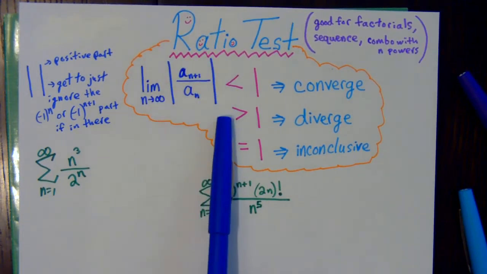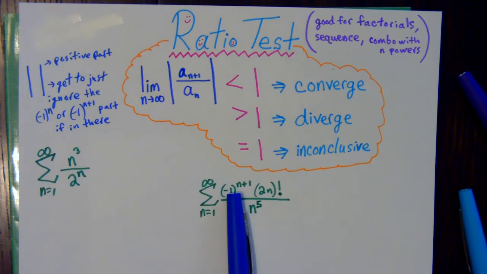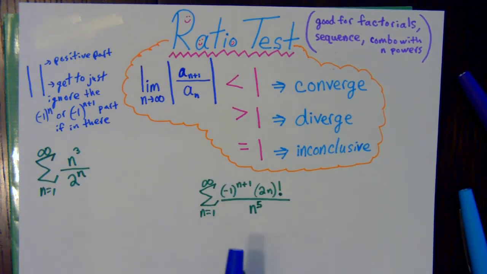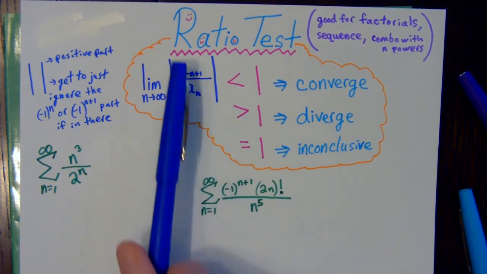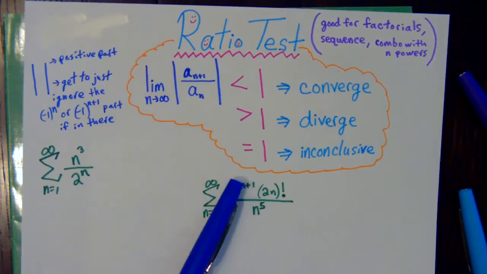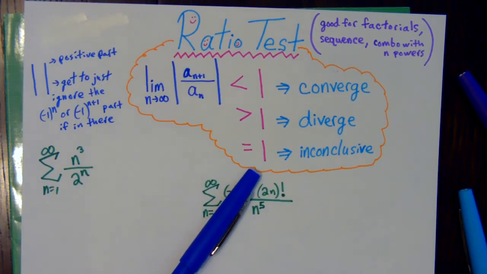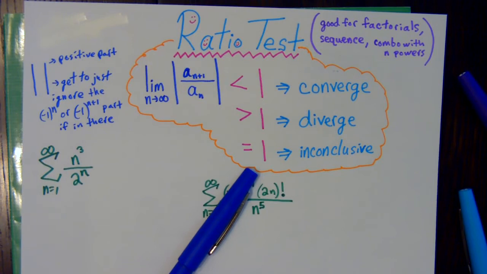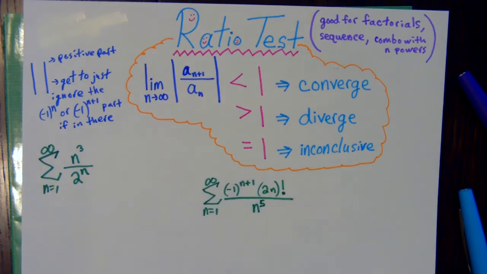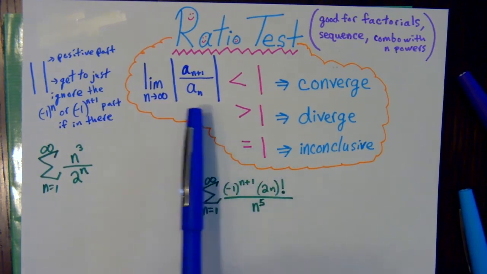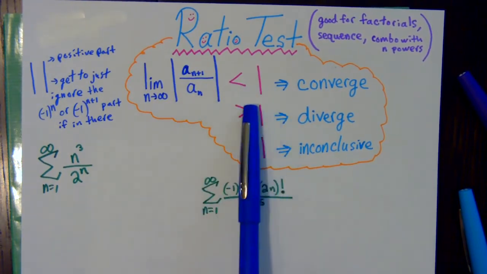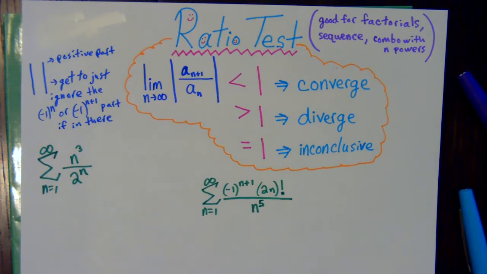You have to include the absolute value bars, which is making that stuff positive anyway. So anytime I see that, instead of writing the absolute value bars every single time, I'm just going to ignore the part of the problem that makes those negative terms. All right, so that's how I'm going to model this for you. Just model that in your homework, because if you get your signs wrong, that's going to change your answers, and it's going to mess up your converge and diverge, right?